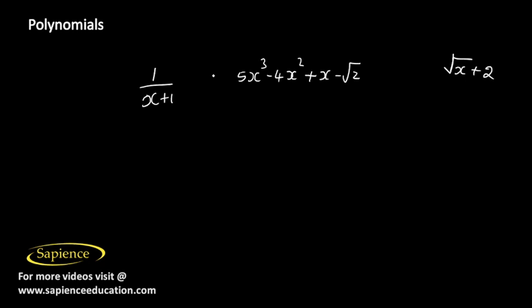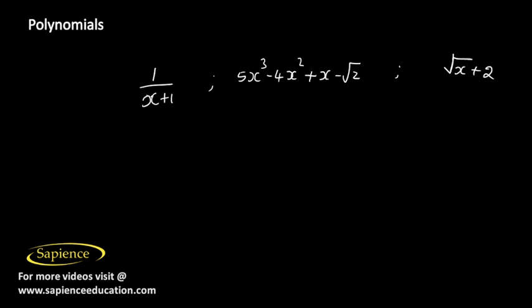Let us look at some more examples. So these are three different examples, among them which are polynomials and which are not polynomials. Let us look at the first example.